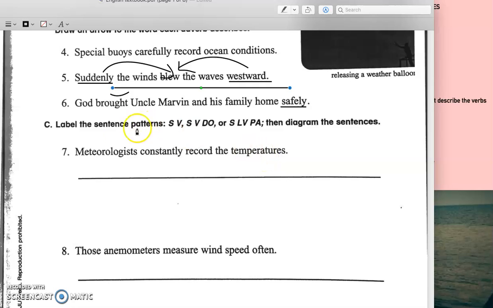The subject is meteorologists. The sentence is about what meteorologists do. What are they doing then? What's the verb? They record. An action verb, remember, comes with a direct object. What are they recording? Temperatures.